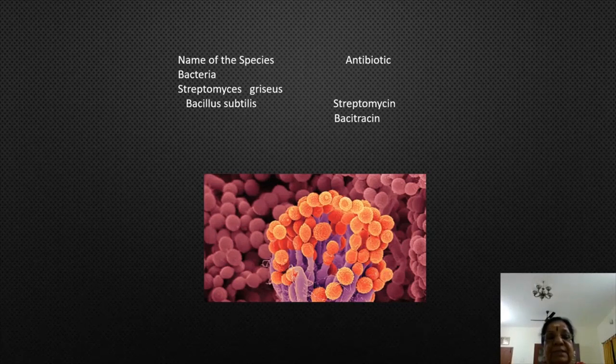Whereas Bacillus subtilis, the antibiotic bacitracin is prepared from Bacillus subtilis. I repeat, the name of the species of bacteria Streptomyces griseus, where the antibiotic streptomycin is prepared, and Bacillus subtilis, where antibiotic bacitracin is prepared.